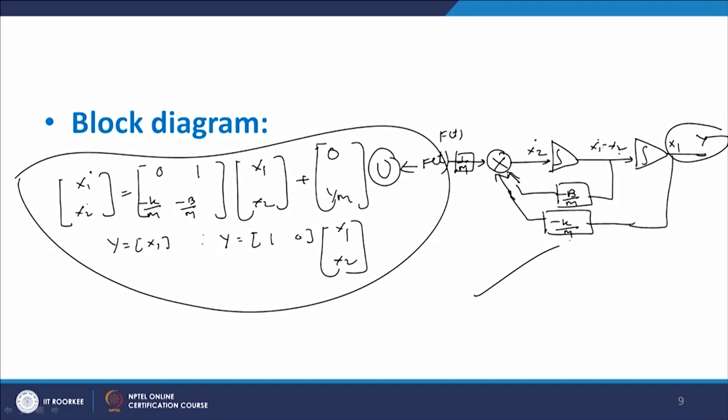Now, we will start with another example. Here we are taking 2 masses m1 and m2, along with a spring and damper. So, I am drawing the diagram of the system.